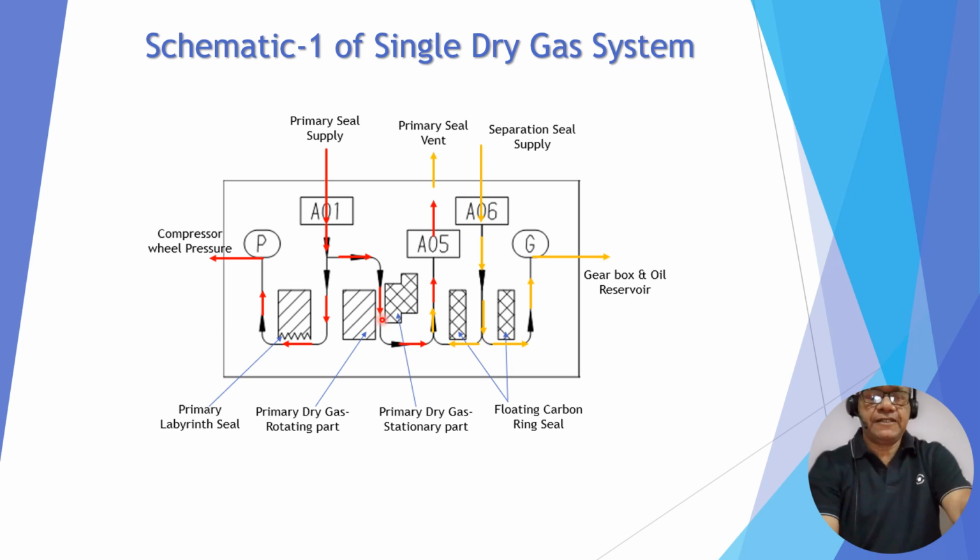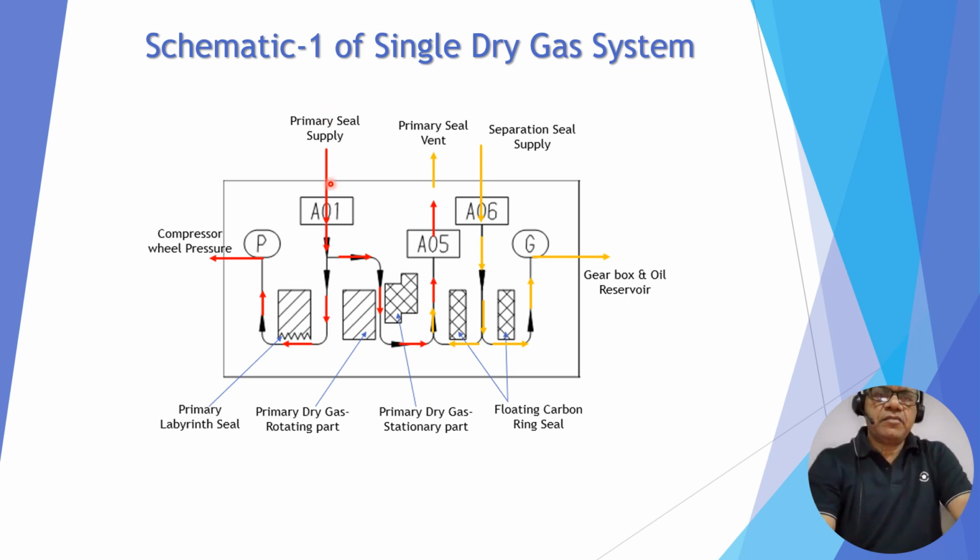The faces have just a 3 to 5 micron gap, and this is the flare. The primary vent is flare, which is flaring here, and this is the floating carbon ring seal. Two carbon ring seals are shown, one on this side, another on this side. So this is the separation seal gas coming here, pushing and going to the flare, and this side is going to the gearbox and oil reservoir.